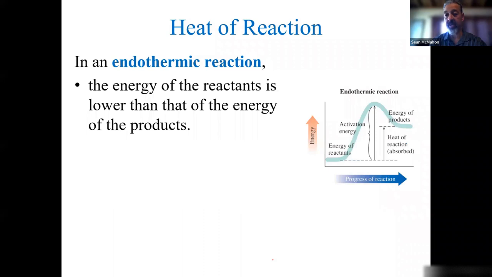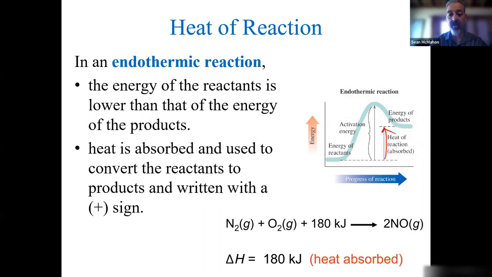In an endothermic reaction where heat must be absorbed, now they could do two things. They can write the heat on the reactant side because we need energy to go to the higher potential energy of this product.